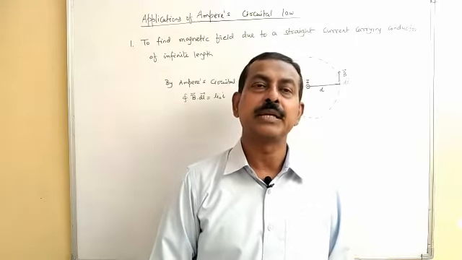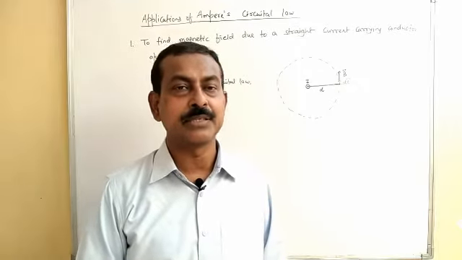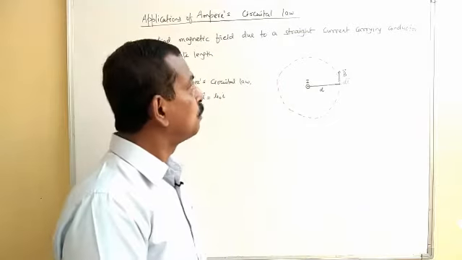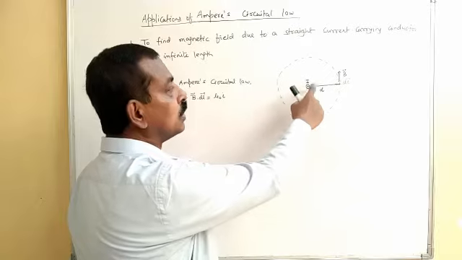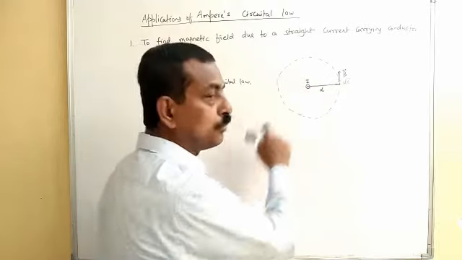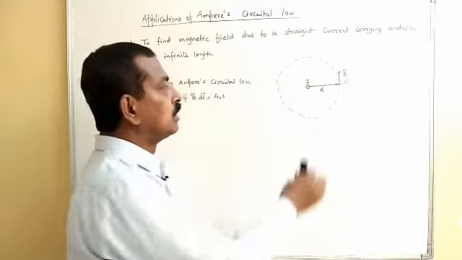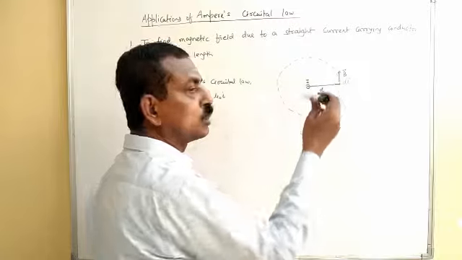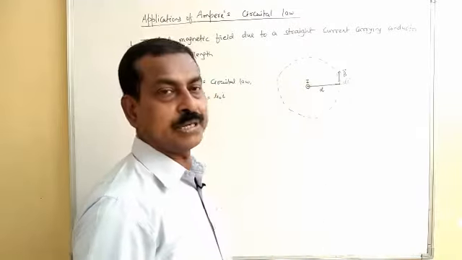First application we are taking is to find the magnetic field due to a straight conductor of infinite length at some distance from it. So suppose I is the current whose magnetic field we want to find at a distance d from it. The conductor is kept perpendicular to the plane of the board, and this is carrying current out of the plane.